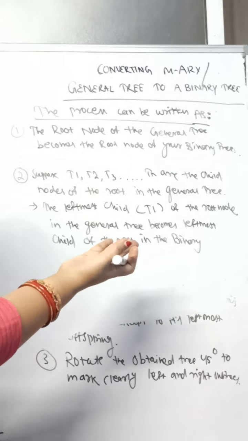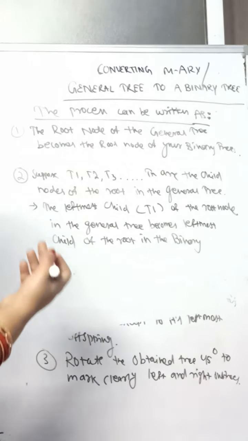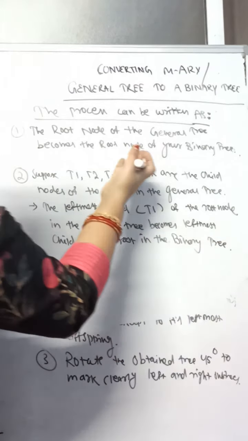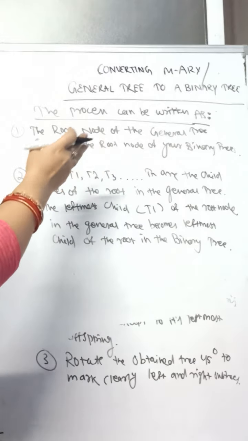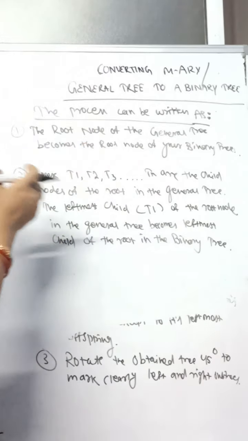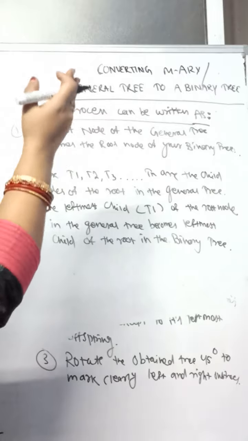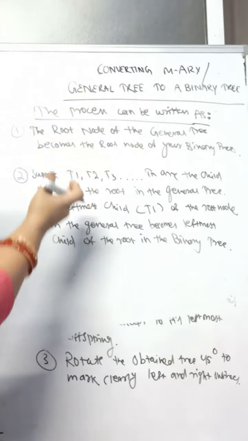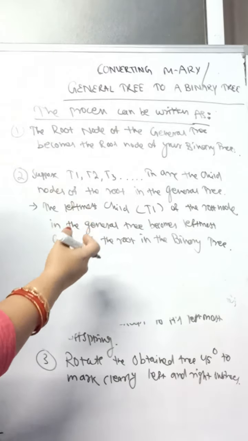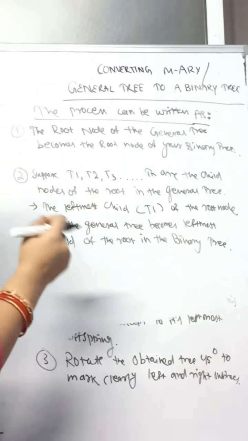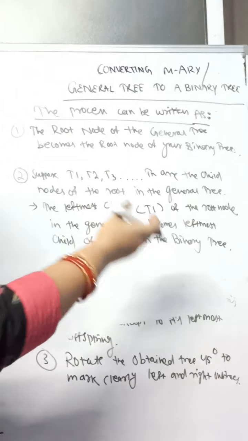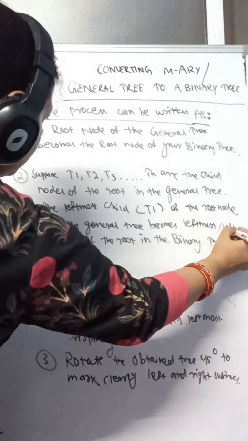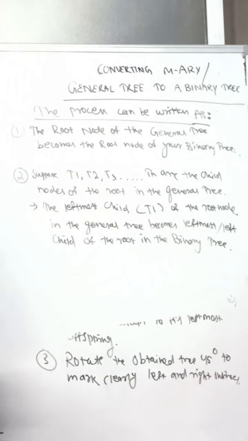So you may also write it becomes the left child of the root node in the binary tree. So first, the root node in the general tree becomes the root node in the binary tree. Second, the leftmost node in the general tree, suppose T1, becomes the left child in the binary tree. You can say left, because there is only one left child and one right child in your binary tree.